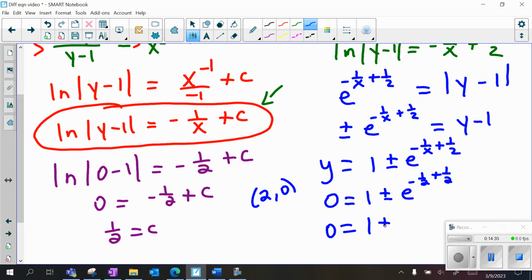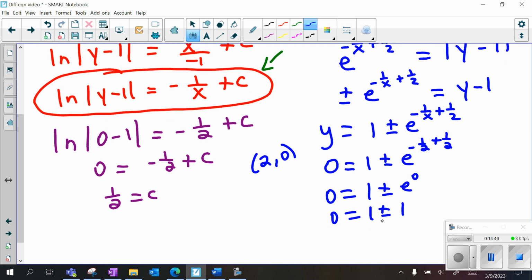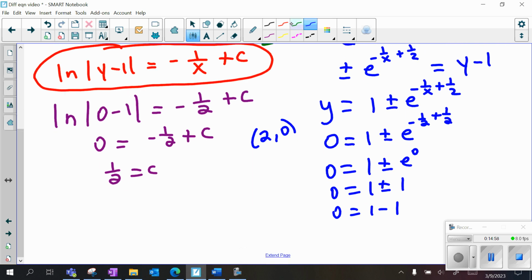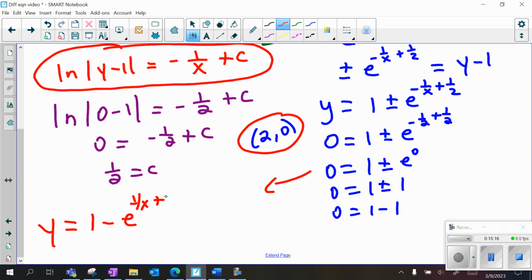Well, 1 plus or minus e to the negative 1/2 plus 1/2 is e to the 0, and e to the 0 is just 1. So I know 1 minus 1 is what will give me 0. So I'm not going to use that positive there. So the final answer, which will satisfy my condition of 2 comma 0, is y equals 1 minus e to the negative 1 over x plus 1/2.